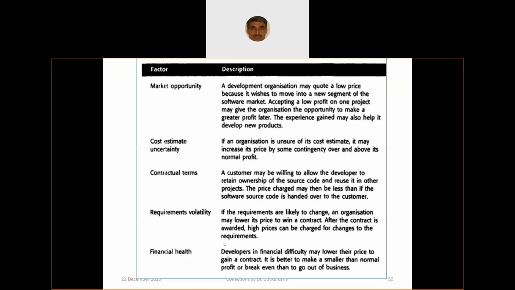And financial health also is important. Developers in financial difficulty may lower their price and gain the contract. It's better to make a smaller than normal profit or break even than to go out of business. Sometimes whatever you are investing, that much you get back, so that you can stay in the market, improve your financial health, and get into newer prices.